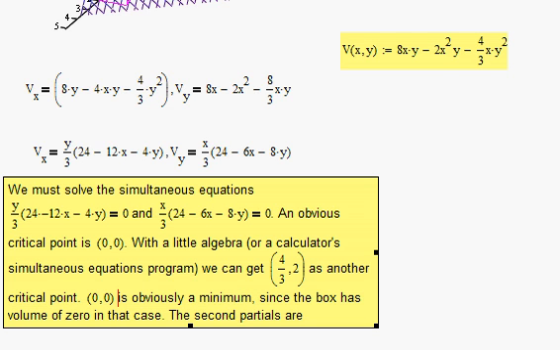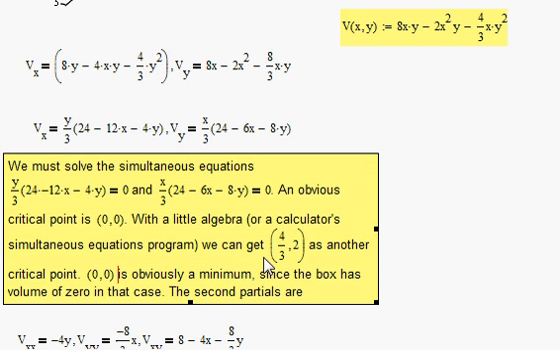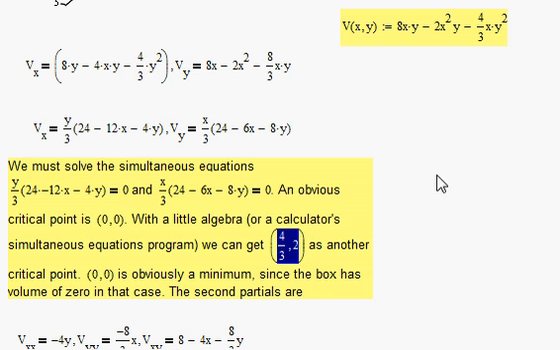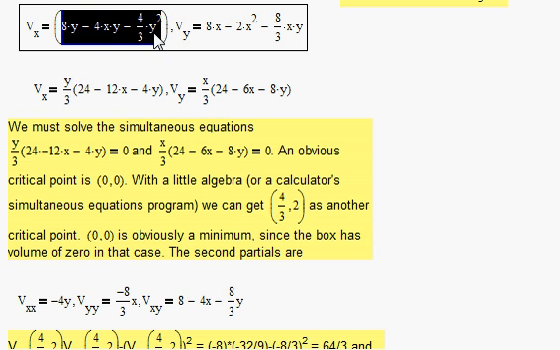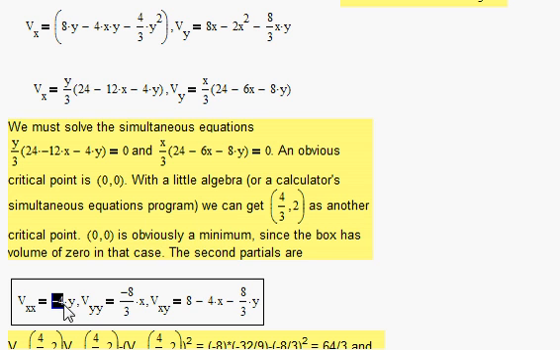And so now the question is, what is this? Right now I want to guess a maximum, but I don't know that for certain. But I can tell for certain if I look into the second partials. The second partial of this function with respect to x is just negative 4y.